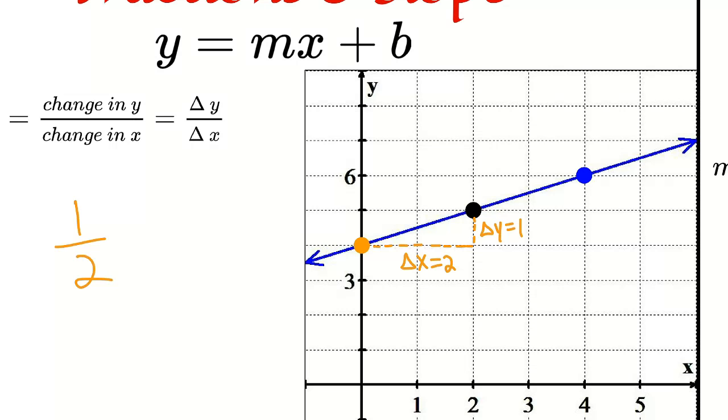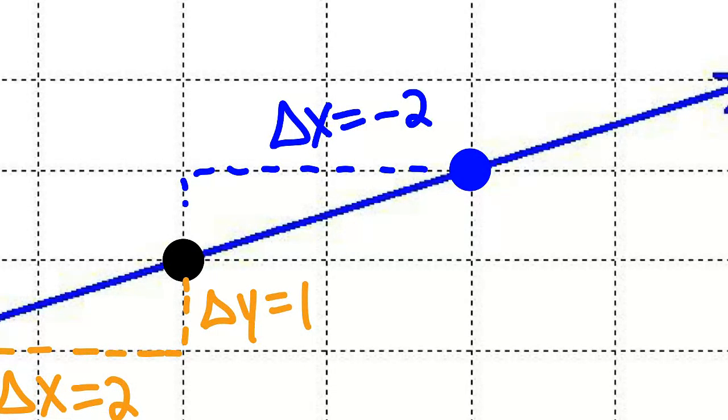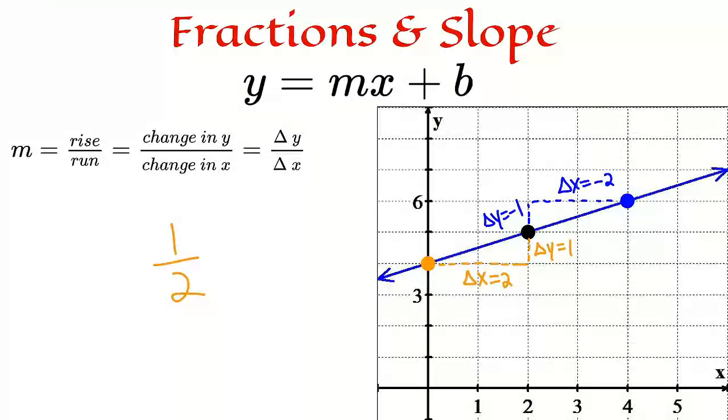Now we're going to go from the blue to the black. So my delta x is negative 2, and my delta y is negative 1. So 1/2 should equal negative 1 over negative 2, and that is true. We could also represent our slope as 0.5.